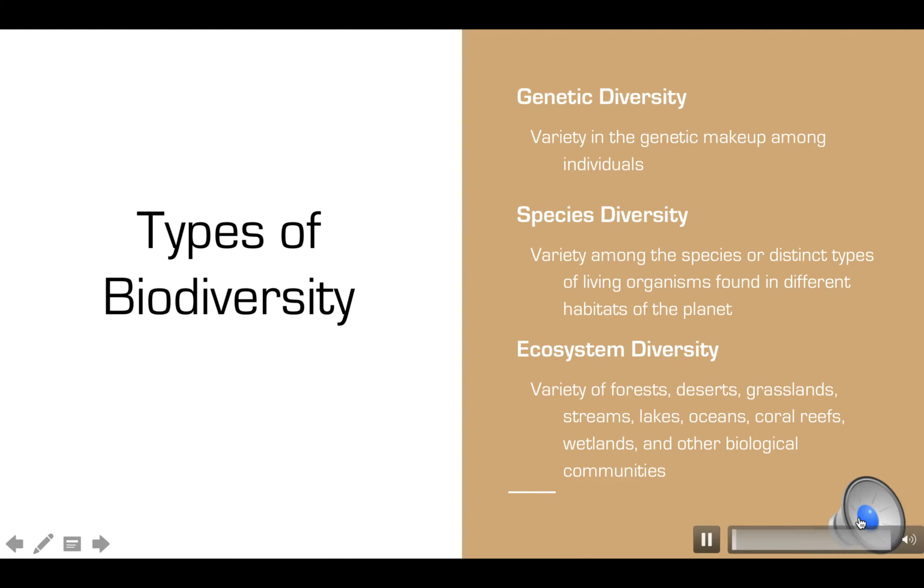So there are three main types of biodiversity, looking at genetic diversity, species diversity, and ecosystem diversity. Genetic diversity is a variety of genetic makeup among individuals.